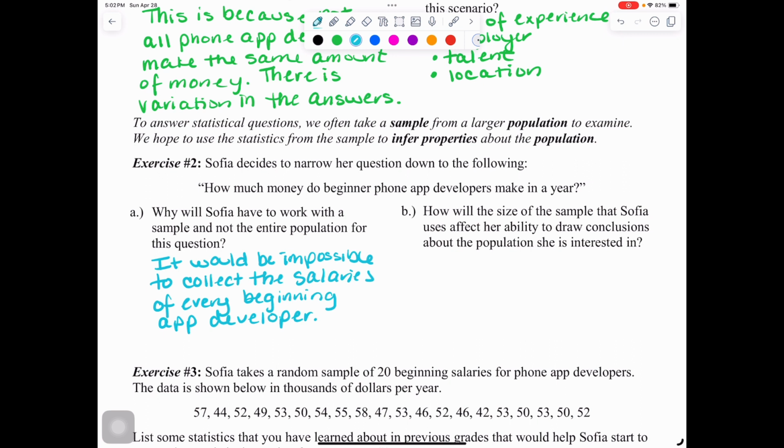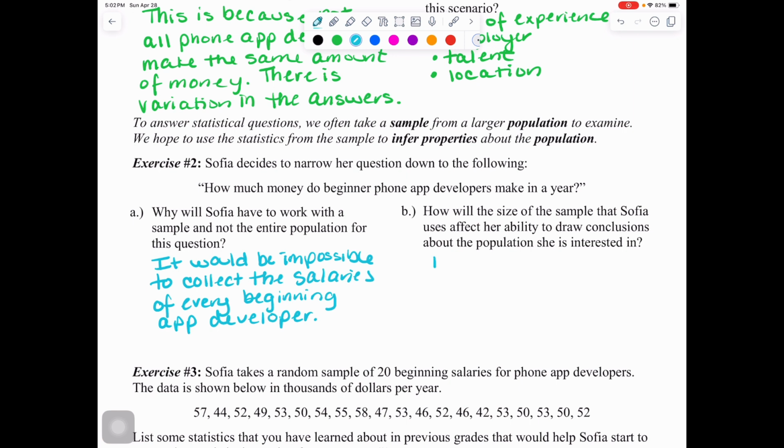And in part B, how will the size of the sample that Sophia uses affect her ability to draw conclusions about the population she is interested in? So you got to think about it this way. The bigger the sample, the more people, the more confident she will be. If she only has 2 or 3 people, she'll have 2 or 3 answers. But if she were to ask like maybe 20 to 30, she'll have more examples of answers and she'll probably be able to make a better decision with a larger sample size.